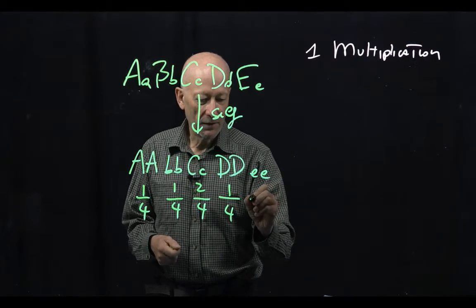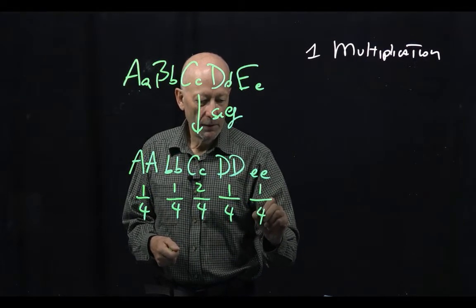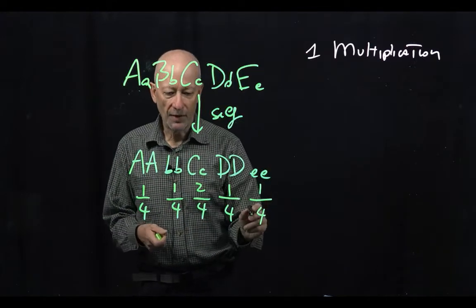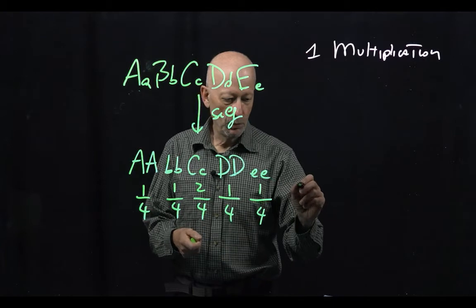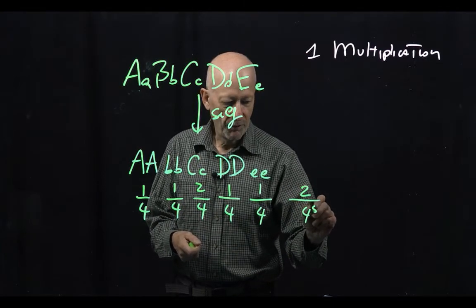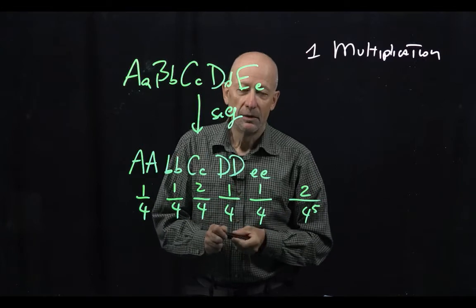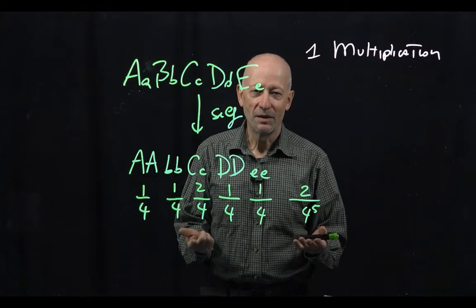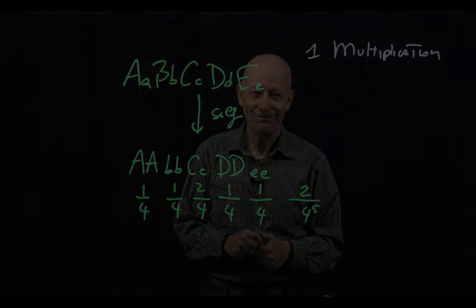And little e is 1/4. So we multiply all this, and we have 2 over 4 to the 5th power. This is so much simpler than running a Punnett square.